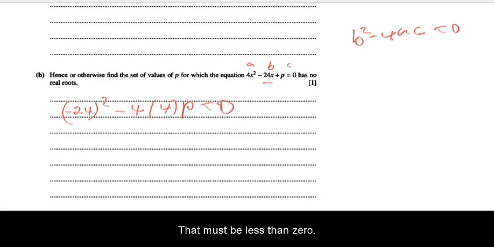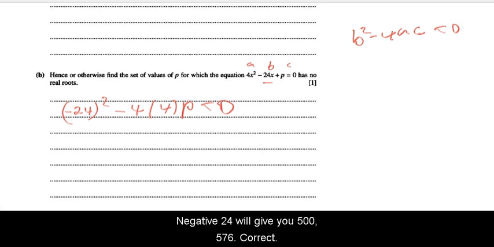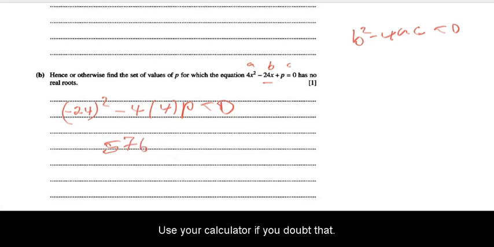Negative 24 squared will give you 576, correct? Use your calculator if you doubt that. Then minus 4 by 4, 16p, right? So this is less than 0.